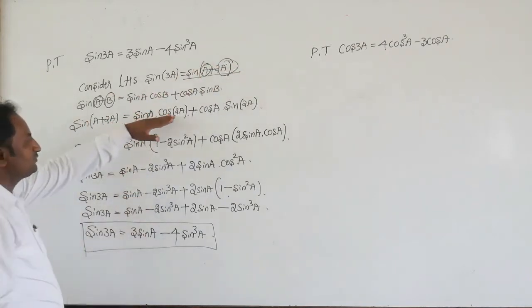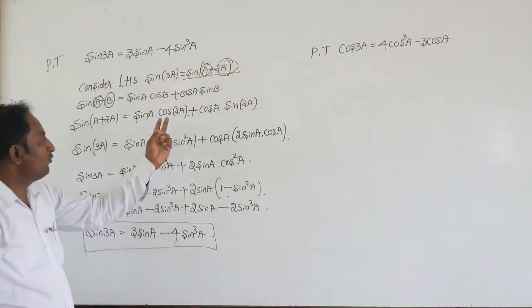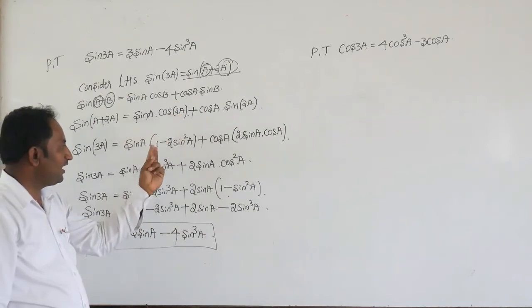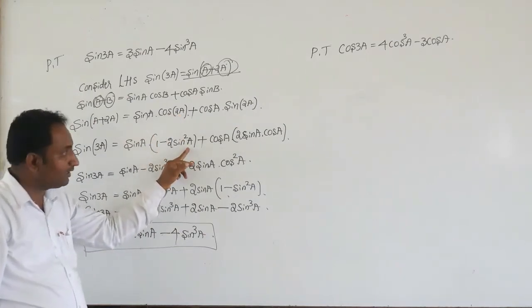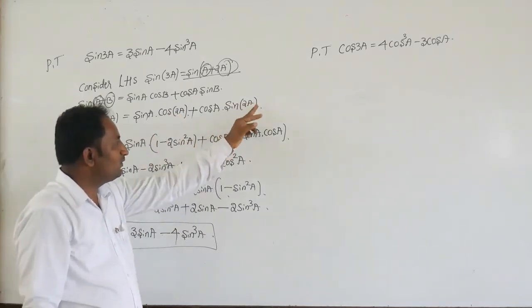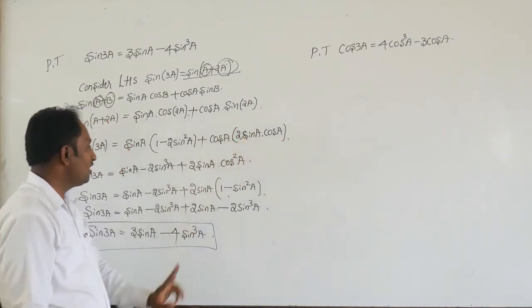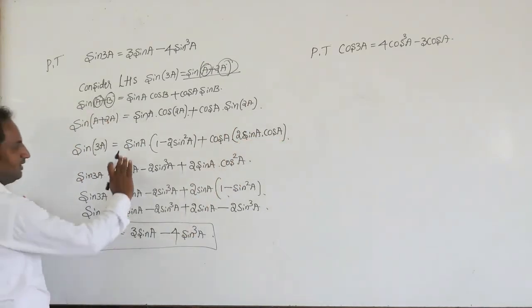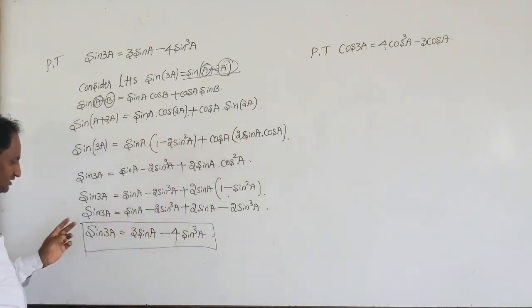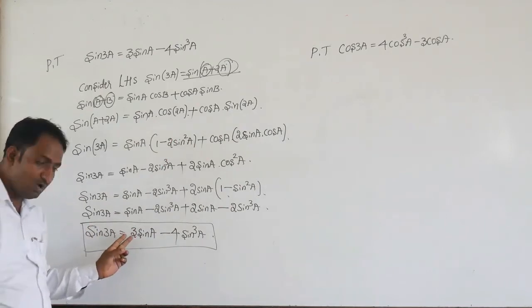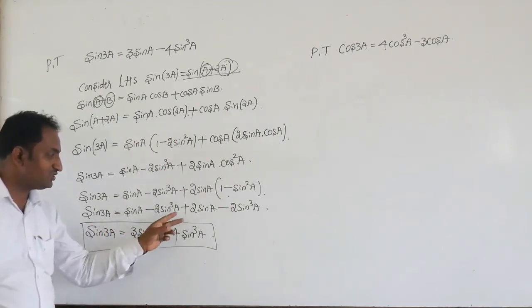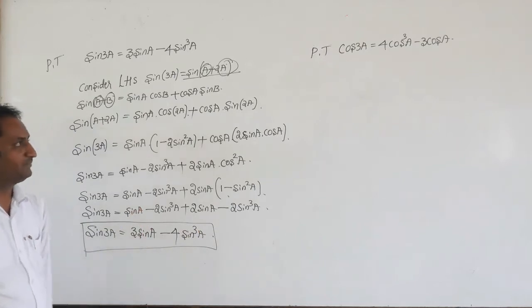We can substitute here. Then we know that the formula cos of 2a is 1 minus 2 sin square a, and sin of 2a formula is 2 sin a cos a. Then multiplying we get the result. Sin of 3a is equal to 3 sin a minus 4 sin cube a.